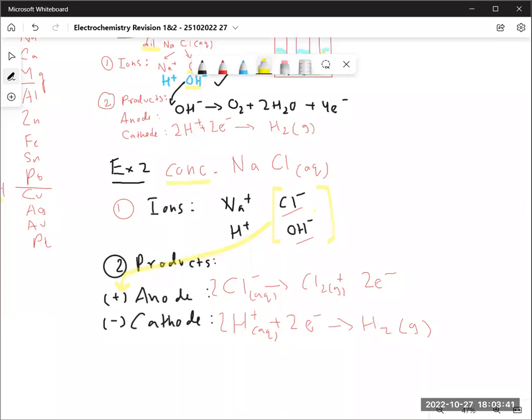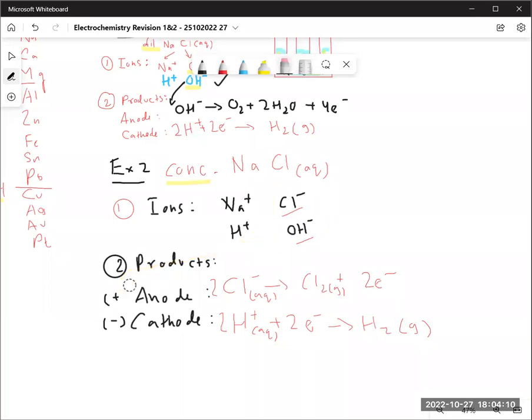If it is concentrated group 7 or concentrated chlorine, then it will form the chlorine gas. If this was dilute, then chlorine would not form. Then OH minus would form. Any questions?